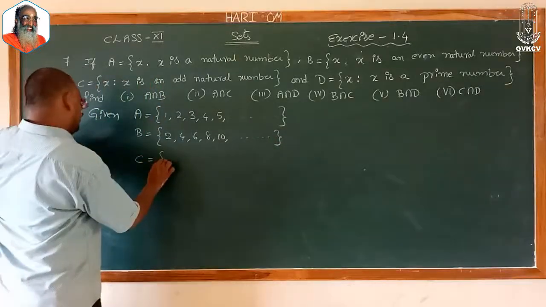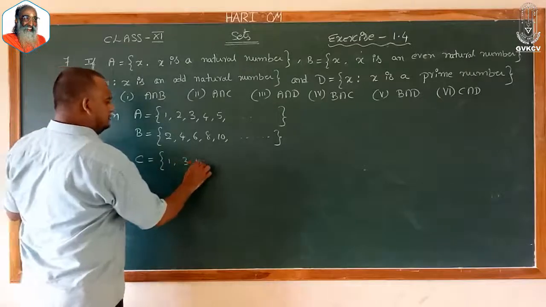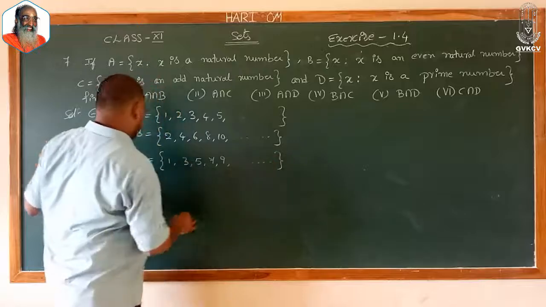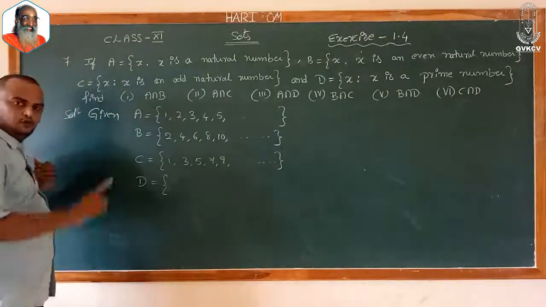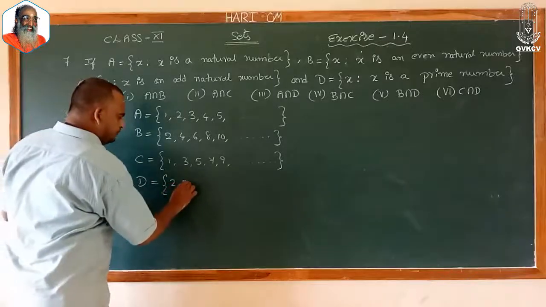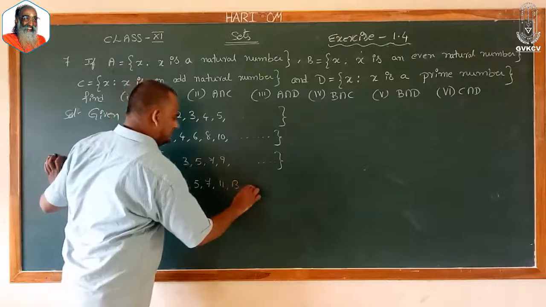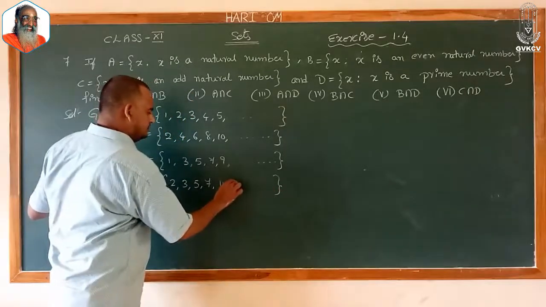Now C, x such that x is an odd natural number: 1, 3, 5, 7, 9 and so on. D, prime numbers. What are the prime numbers we have? 2, 3, 5, 7, 11, 13 and so on.